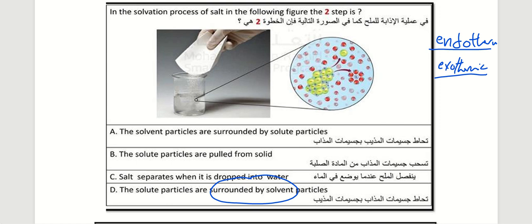The total reaction either gives out energy, exothermic, or takes energy, endothermic, according to which one is greater, the difference between them. For example, if you put calcium chloride in water to dissolve and then touch the beaker, you will feel warm. What does that mean? It is an exothermic reaction, it gives out heat. But if you put ammonium nitrate in water and it dissolves and you touch the beaker, you will feel cold. That means it is endothermic, it takes energy.